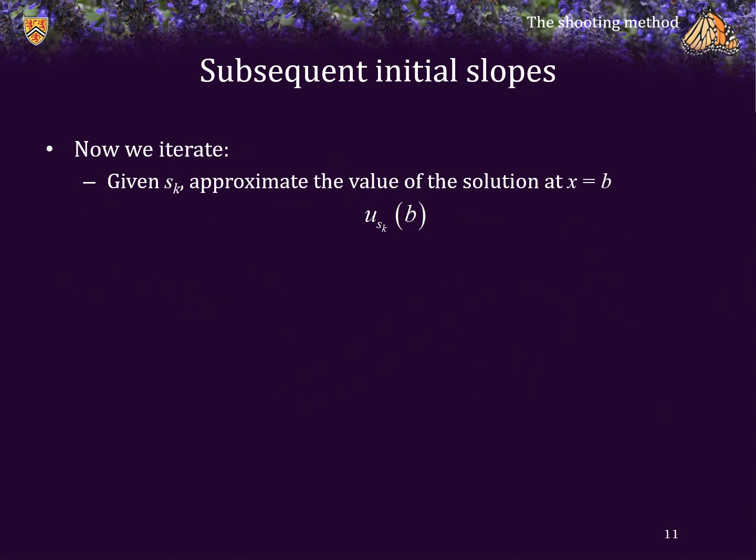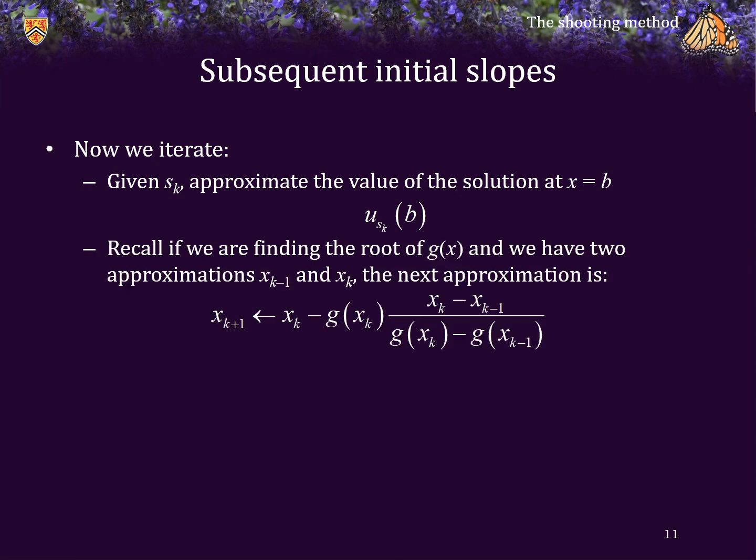So given s sub k as an initial slope, we simply approximate the value of the solution with this initial slope at x equals b. So the value we see here. Now, recall that if we were trying to find the root of g of x, and we had two approximations, x sub k minus 1 and x sub k, the next approximation would be the value you see here.